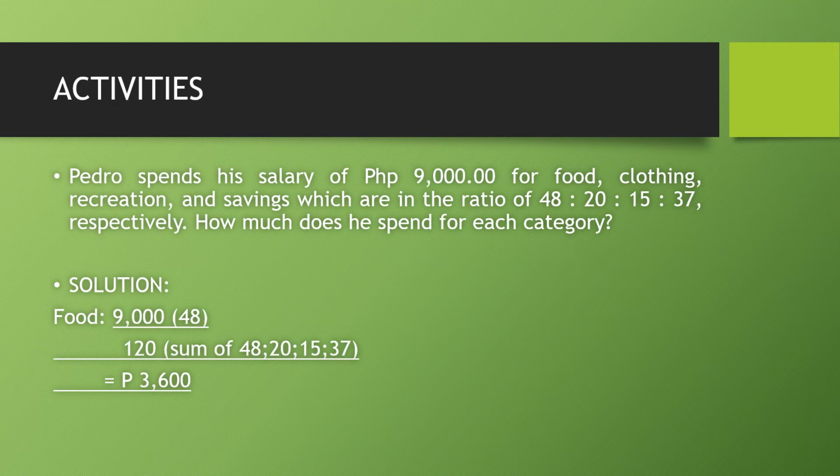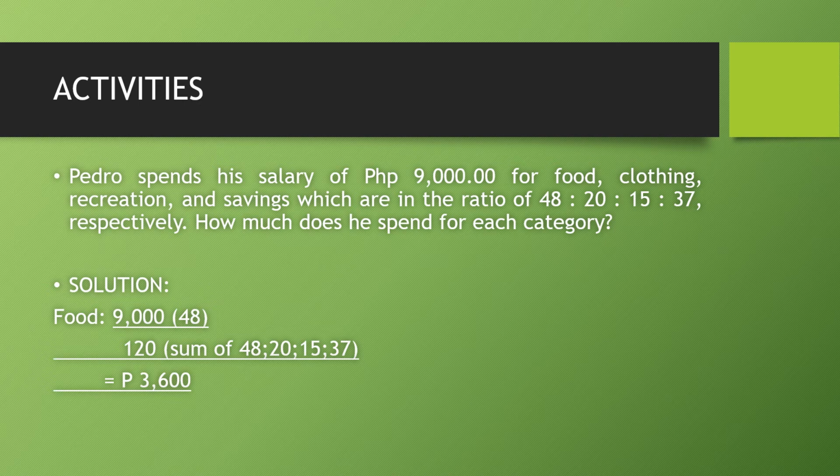How much does he spend for each category? Ang tanong dito, kung mayroon daw salary si Pedro na 9,000, magkano ang kanyang inilalaan para sa food, clothing, recreations, and savings, considering na meron siyang binuong ratio.